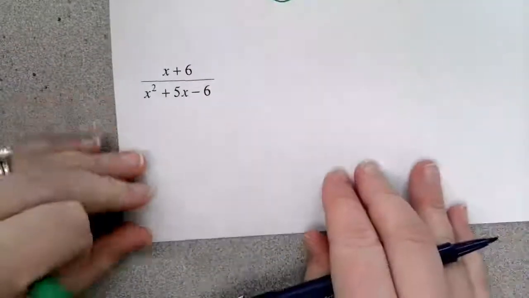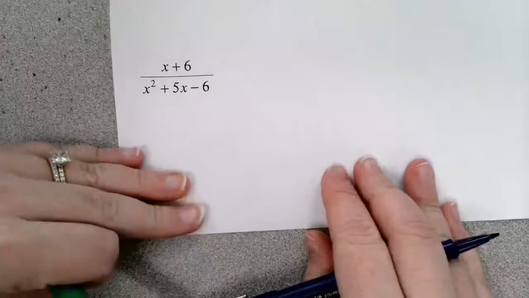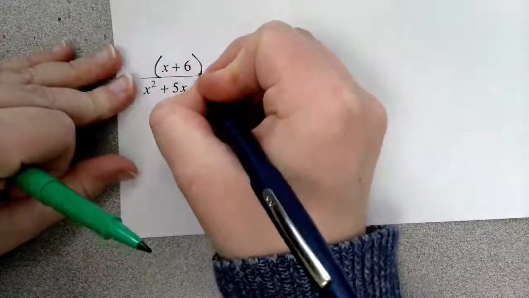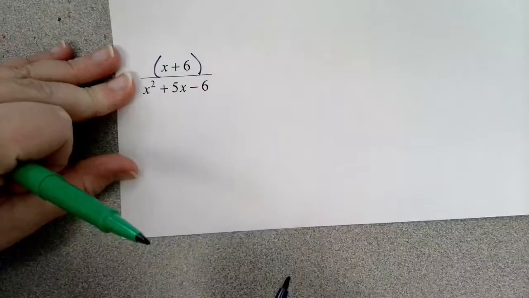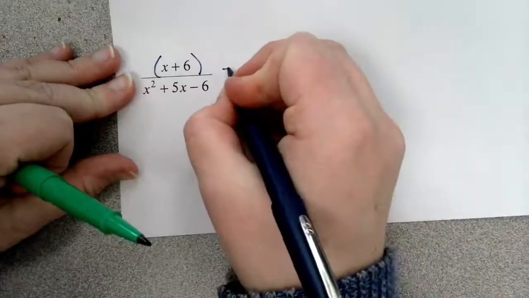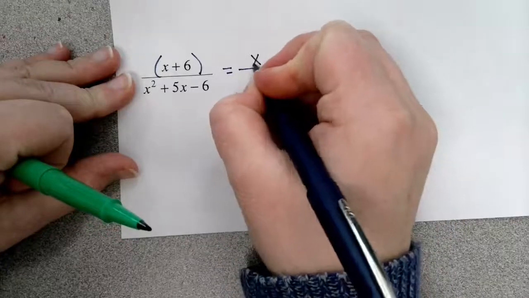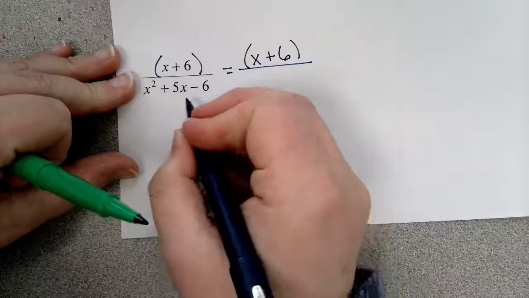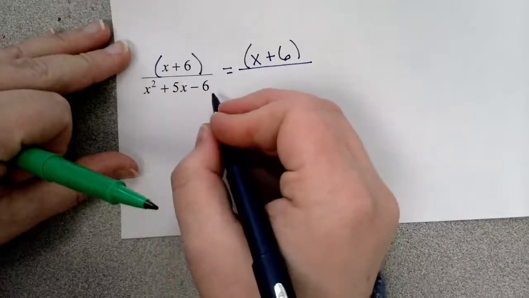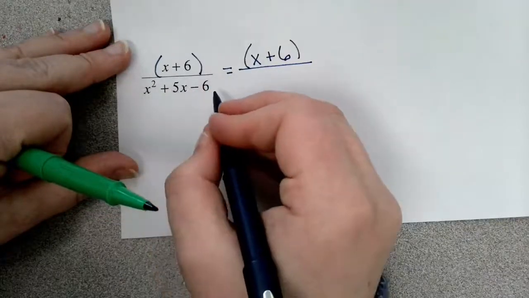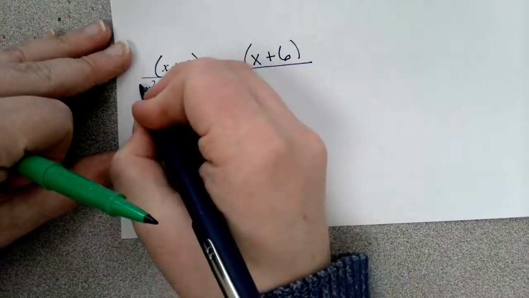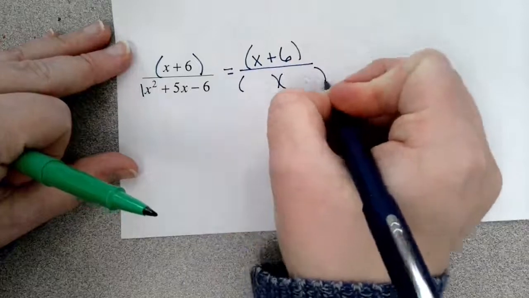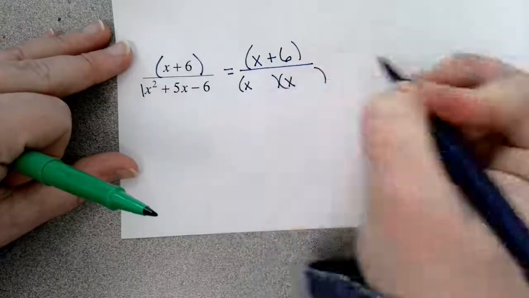Go ahead and take a second to write this one down. Make sure you put that x plus 6 in parentheses. I can't factor the x plus 6, so that stays on top. My bottom is a quadratic trinomial with an a of 1, which means I can break it up like this.